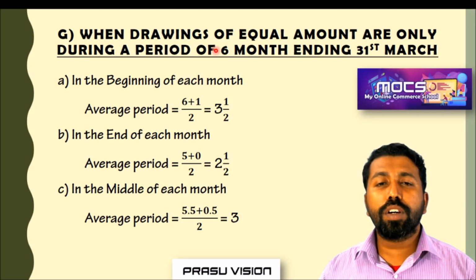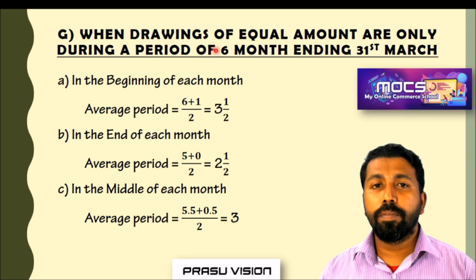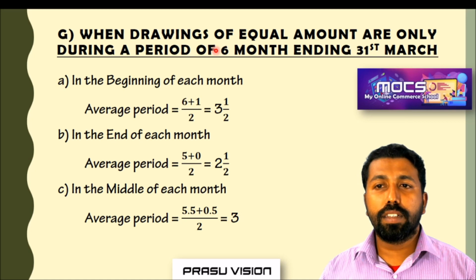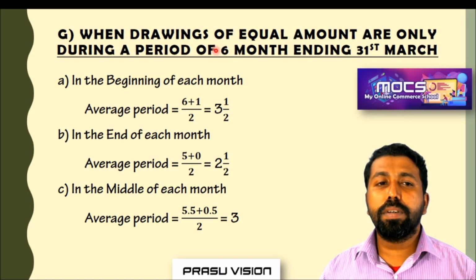But here we are going to learn if the drawings are made by the partners only for 6 months. It may be at the beginning of each month, at the end of each month, or at the middle of each month. So remember, they are withdrawing amounts from the firm only for 6 months, not for the whole year. That is the case.